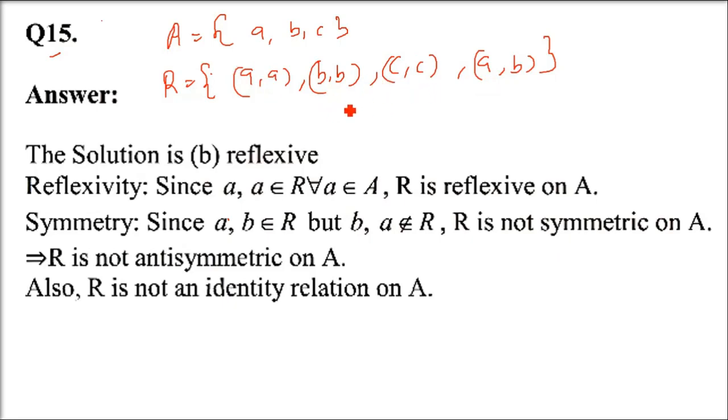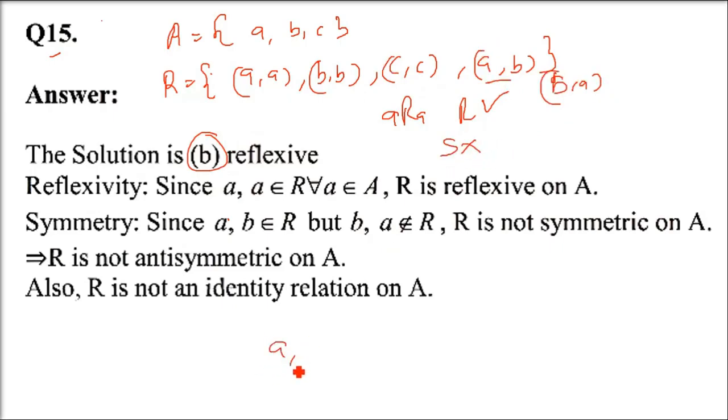Reflexive: (a,a), (b,b), (c,c) is already there. A is related to A, all elements are related to themselves. That means this is a reflexive one. Symmetric, we have done. Now this reflexive is quite okay. Symmetric: (a,b) is there, is (b,a) there or not? No. So it is not symmetric.